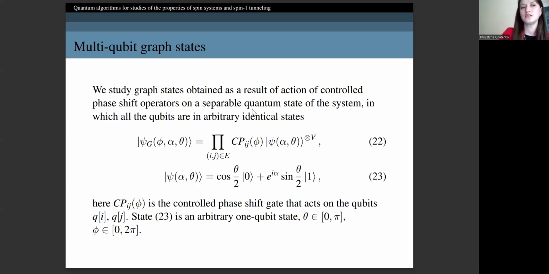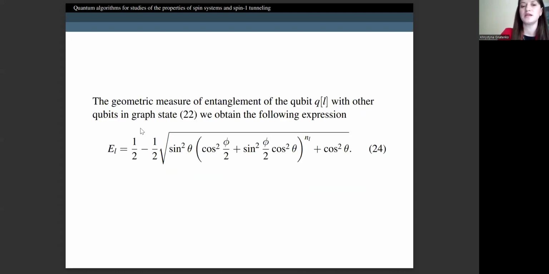Also, we considered multi-qubit quantum graph states, which are constructed with the help of controlled phase gates. So these quantum graph states are also related to the Ising model, but with more complicated interactions. And we also studied the entanglement in this case, and we obtained this. In this case, we also have the relation of the entanglement with the vertex degree.